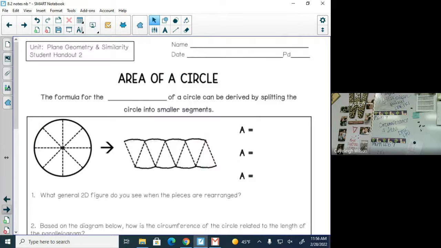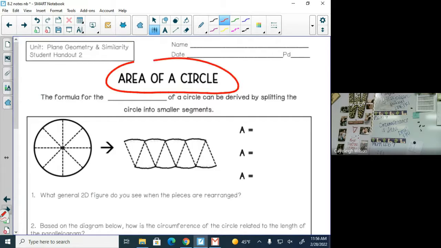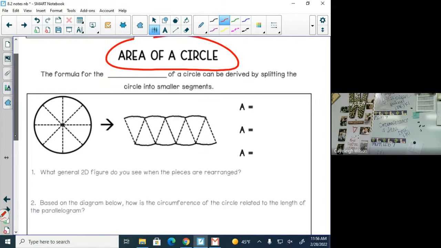All right, so moving into our lesson today. Area of a circle. Okay, so once again, look up here.